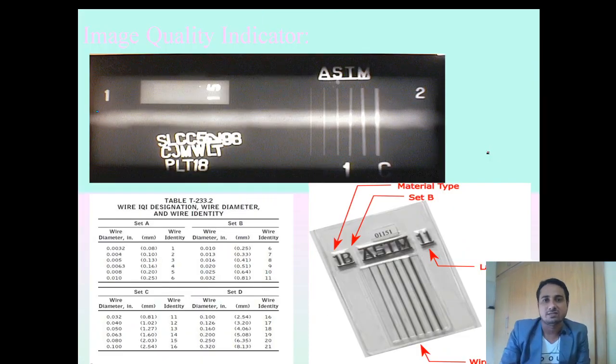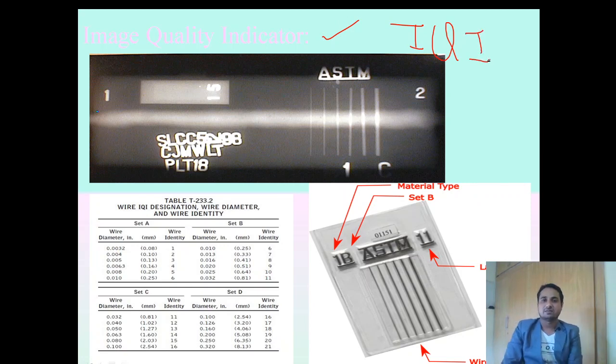Now next is what is the image quality indicator, IQI, and sometimes we call it a penetrometer. For checking the image quality, meaning how is my image quality, we need to put one IQI on the film.